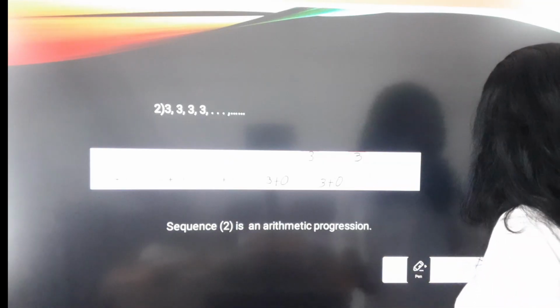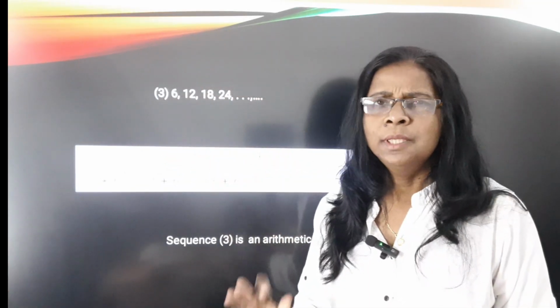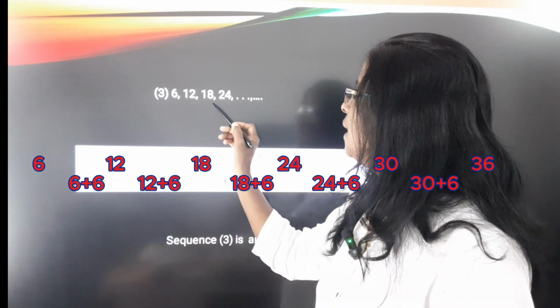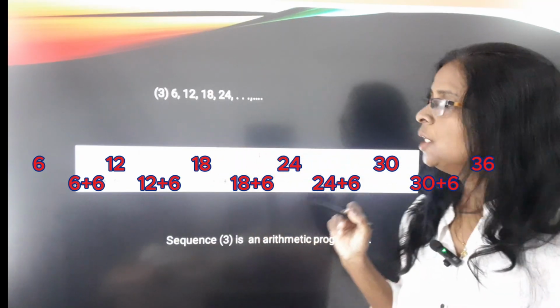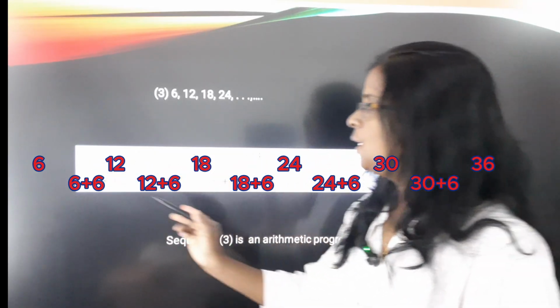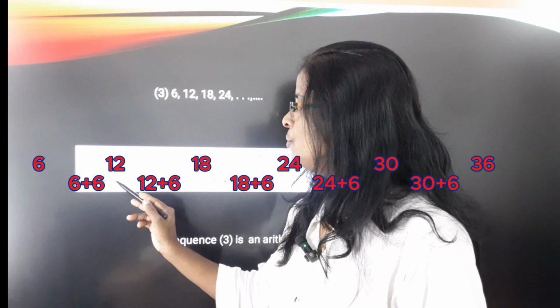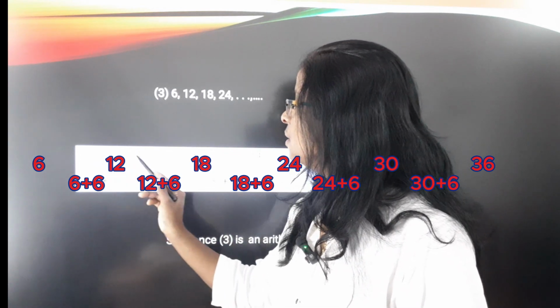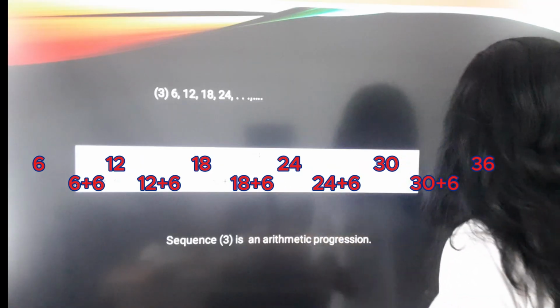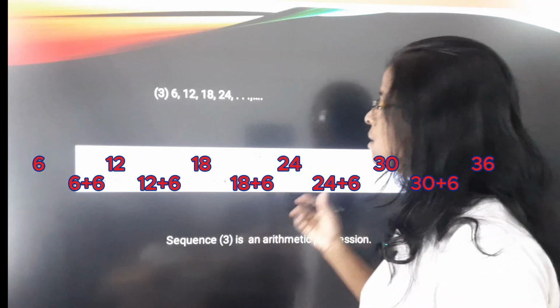Okay, so let us see the next example, then you will clear the concept of arithmetic progression. See 6, 12, 18, 24, and so on. Now here we arrange these 6, 12, 18, 24 this way, and if you add 6 to the previous one, then you get the next number. Okay students, so here we can get the next two numbers.